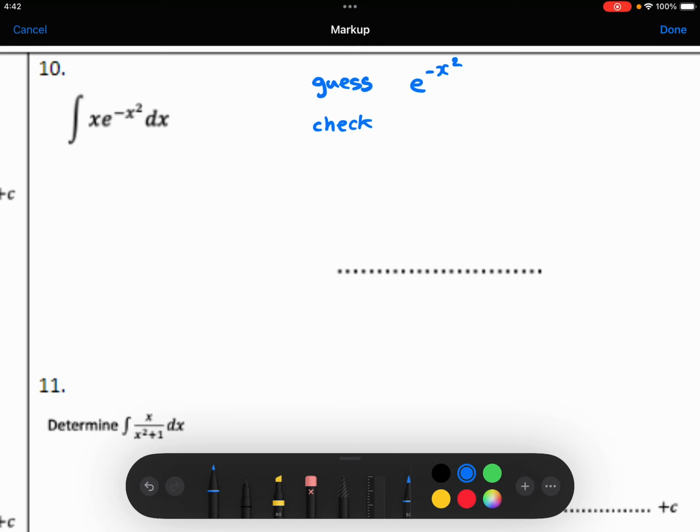So when I differentiate the exponential, I get the exponential. But I need to multiply that by the derivative of the inside, which is minus 2x. So I'm going to multiply by minus 2x.